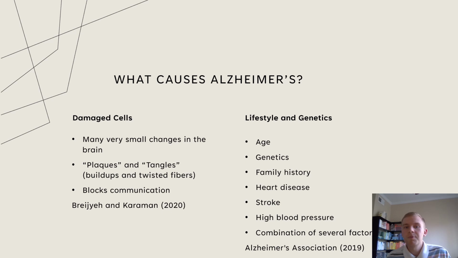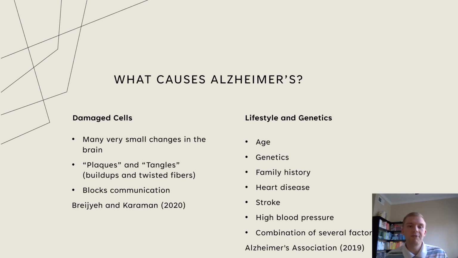We can also look at various lifestyle factors and genetics that can lead to an increased incidence, or more cases, of Alzheimer's. Age is a big factor, as are genetics, family history, heart disease, stroke, and high blood pressure, and oftentimes it's even a combination of several of these factors.